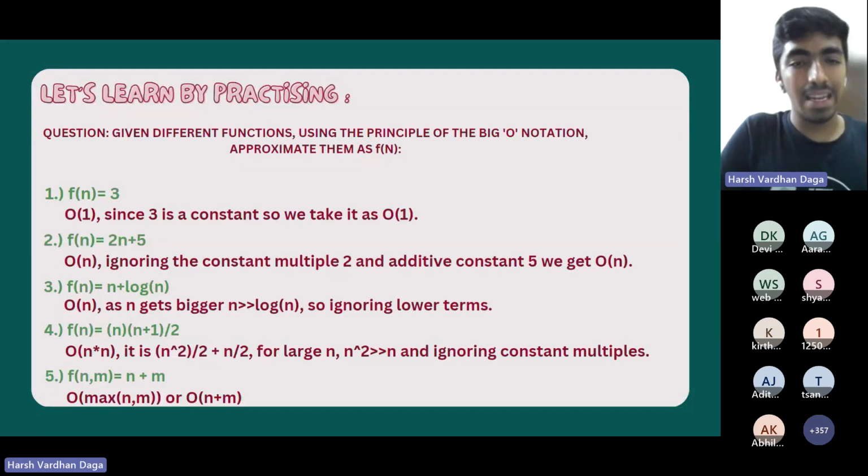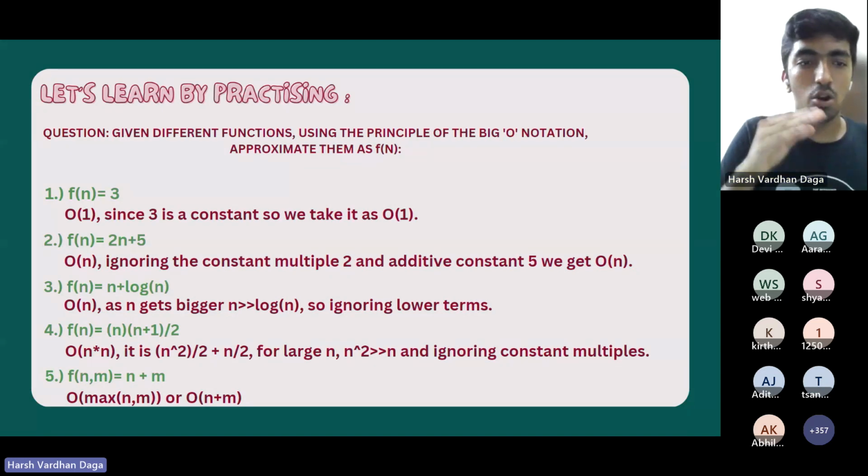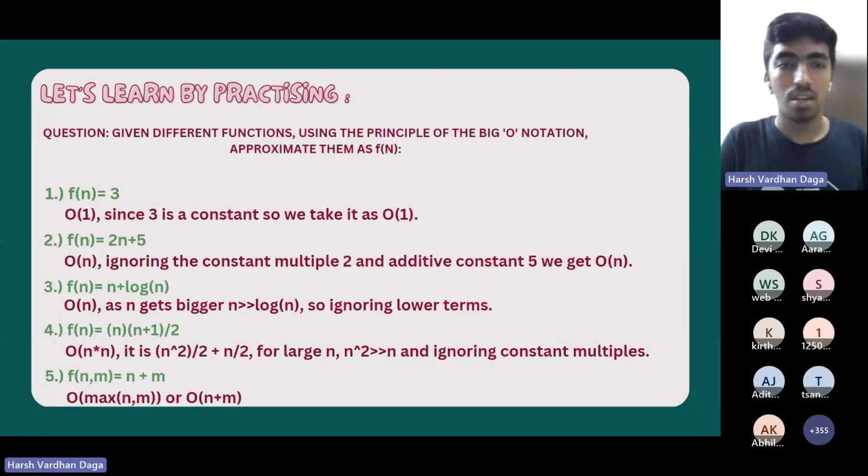So irrespective of whether n goes arbitrarily large or remains at a smaller value, if we represent it in terms of big O notation, it will be a constant only. Hence, it will be O of 1, since 3 is a constant.